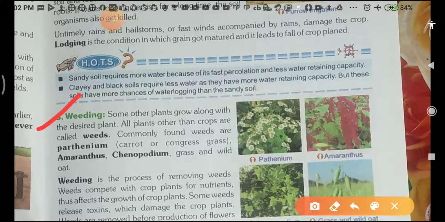And another is parthenium, which is carrot grass or congress grass. You can see all these weeds around us, because this is the rainy season, you can see too many weeds. So these are all examples of weeds.